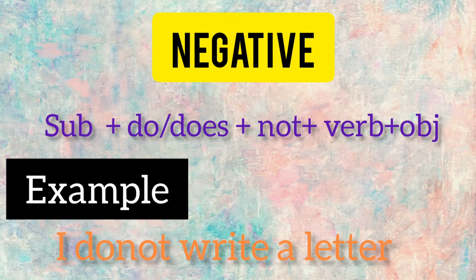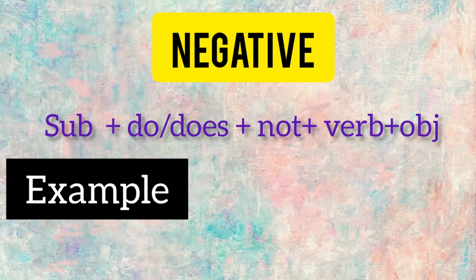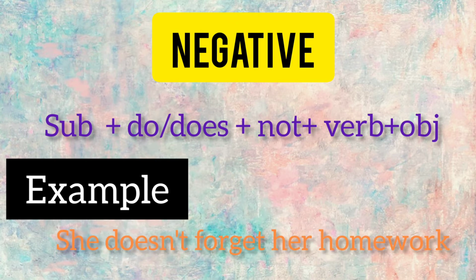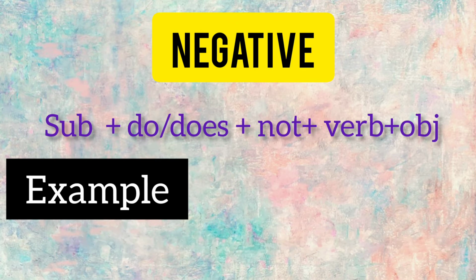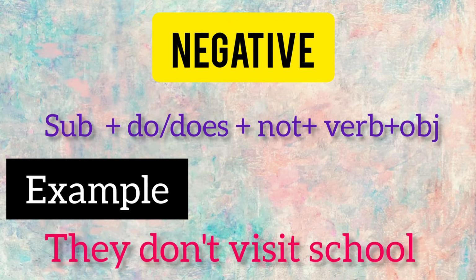I is an exceptional case, so we do not use does over here, we use do. I do not write a letter. She does not forget the phone number. So she is a singular pronoun, so we use does not forget the phone number. The last one is they do not visit the zoo. They is a plural pronoun, so we use they do not visit the zoo.